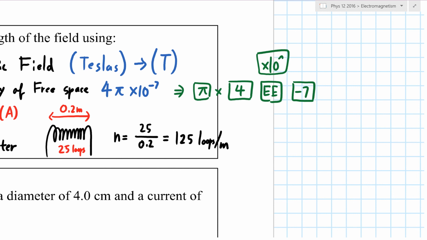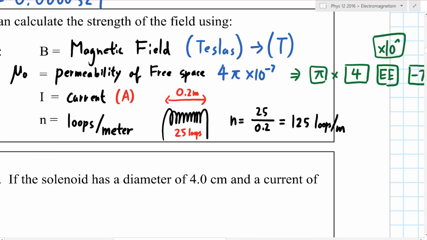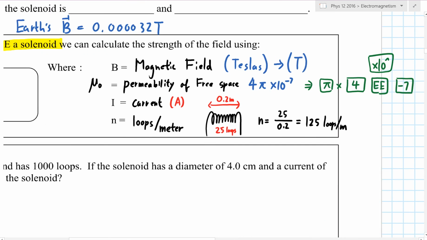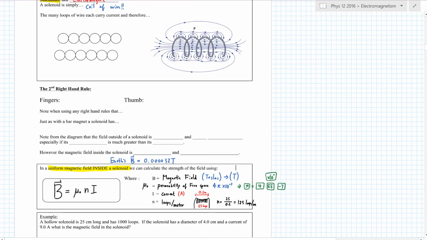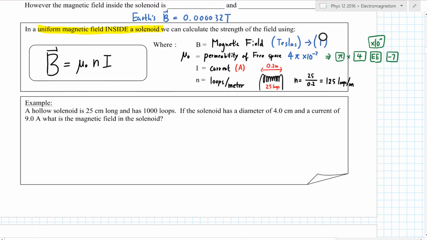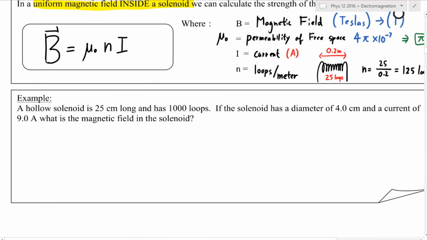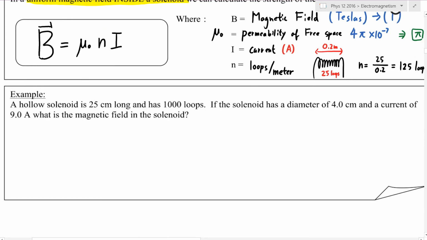Okay. Now we'll just do one example. So in this example, we have a solenoid that is 25 centimeters long and has 1,000 loops. If the solenoid has a diameter of 4 centimeters and a current of 9 amp, what is the magnetic field inside the solenoid?